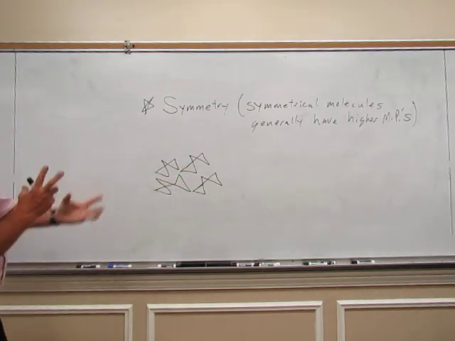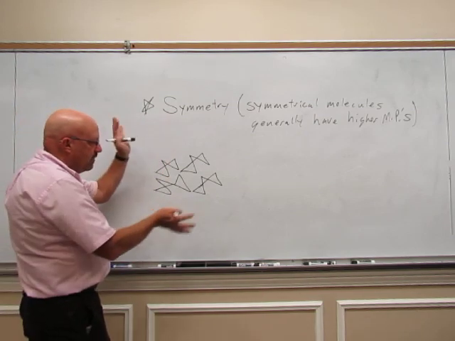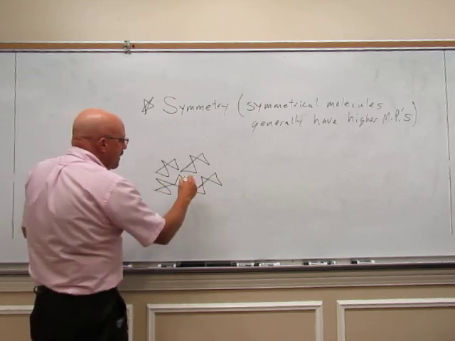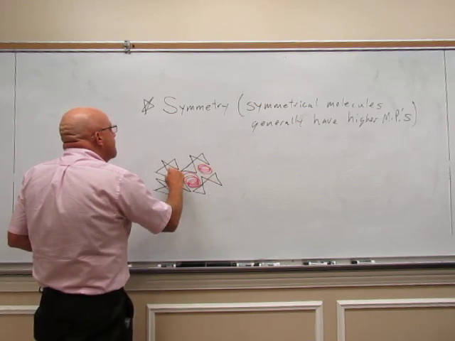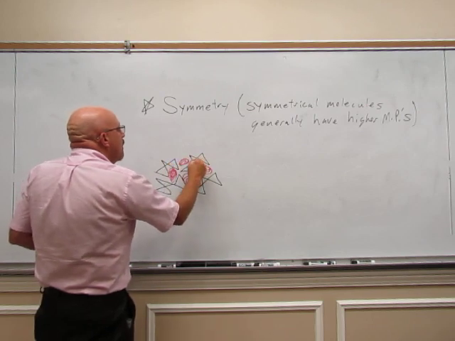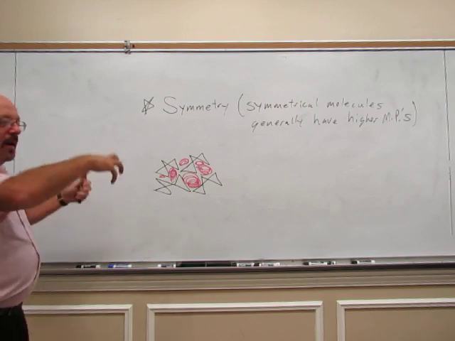You can see they can't pack in tight. If they're weirdly shaped, if there's no symmetry, then you've got all of these spaces in here that's just empty, just air. So that makes it easier to break it apart.